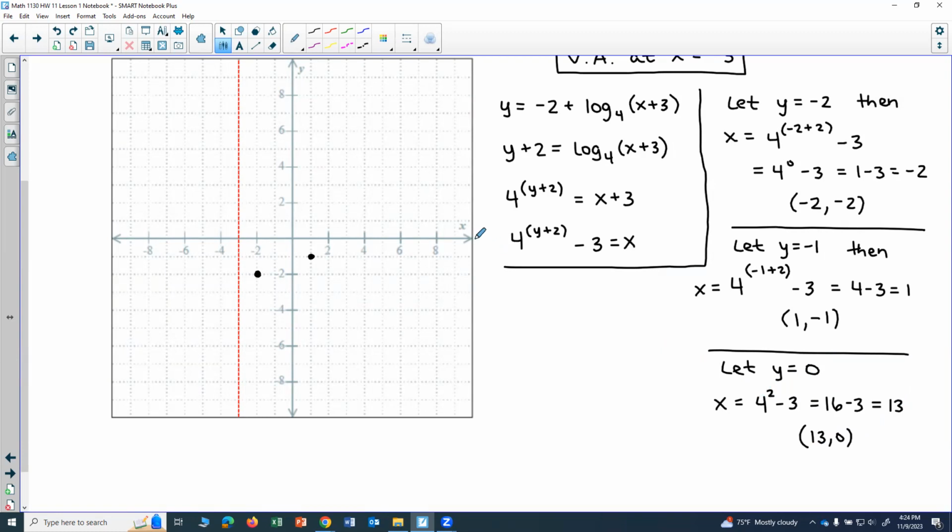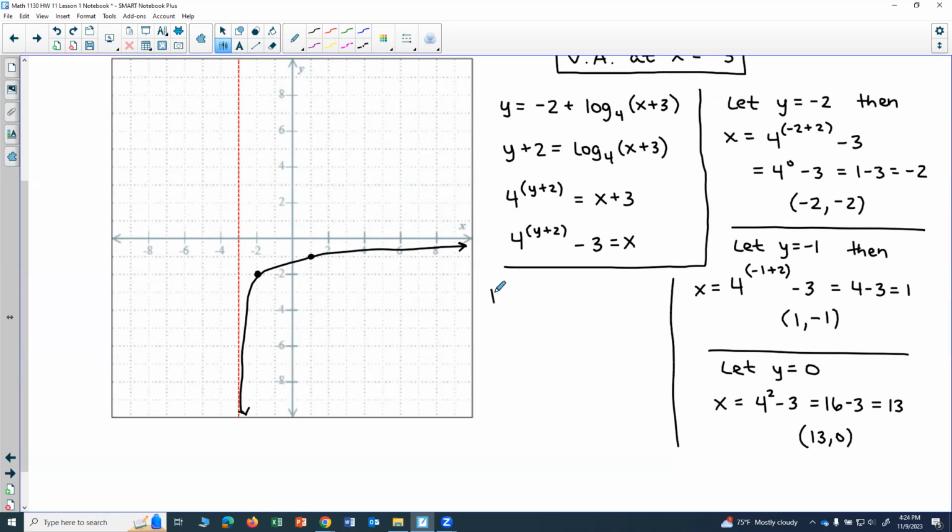And what that tells me is that my logarithm has to be pretty flat here, because I know that I'm not going to get to the x-axis until x equals 13. So I'll connect these points. I have my vertical asymptote here, and then a pretty flat logarithm here. All right, so there's the graph of my logarithmic function.